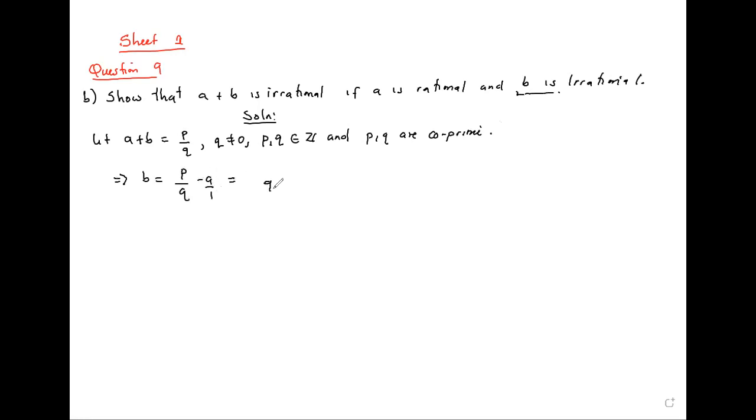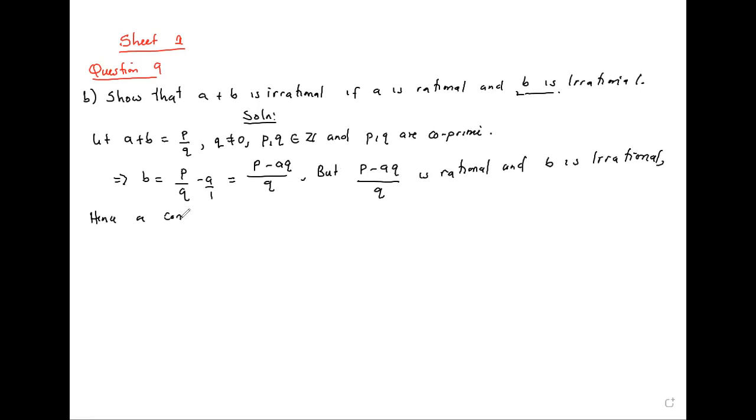But this is the same as P minus AQ over Q. Then you say, but P minus AQ over Q is rational, and B is irrational. Hence, a contradiction.